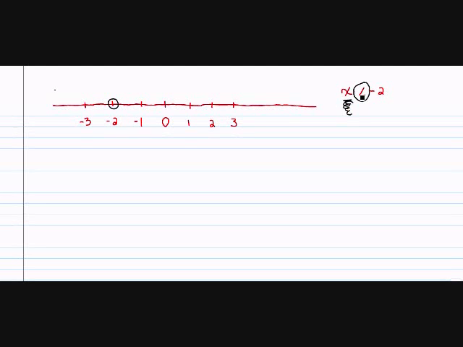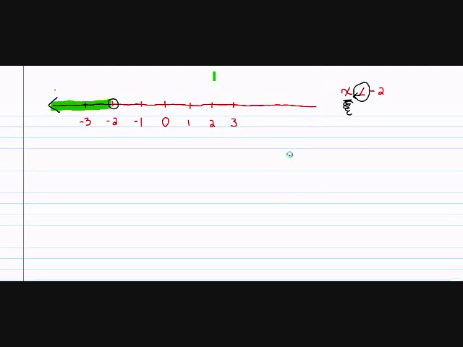Remember, the point always points toward the smaller amount. So I want my line, which I'm going to highlight, to be less than negative 2. Sorry about that. Okay. And then I'm going to put an arrow, because I can plug in any number that's less than negative 2. That will make this sentence work.